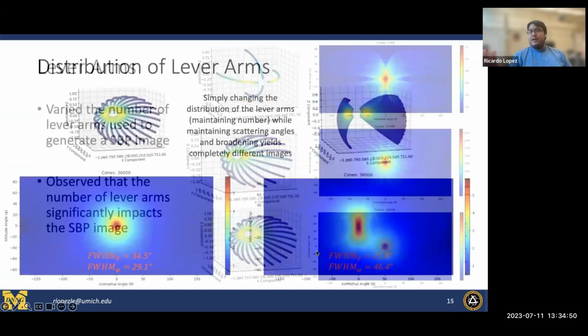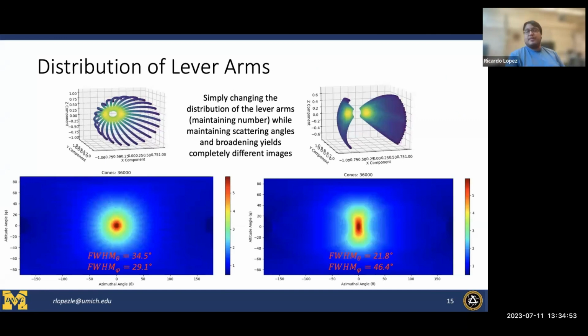Not only is the number important, but the way that they're distributed is also important. In this case, we have the same number of lever arms in these scatter plot distributions, but the way that they're distributed relative to one another is different, and the resulting images clearly show that there was an effect.